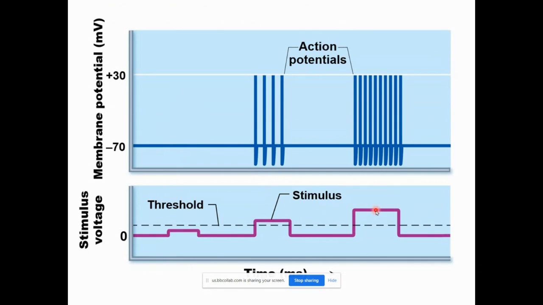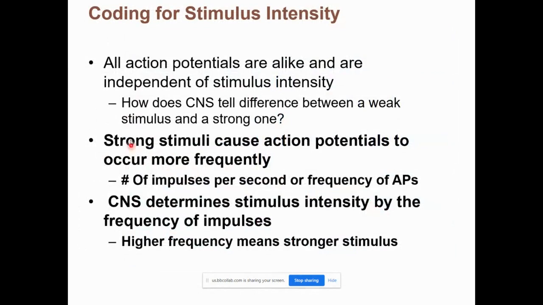How does your brain know that it's a more intense stimulus? It fires off more action potentials one after another. All the action potentials are the same, but more of them are occurring with a higher intensity of stimulus. So how does your brain know if the stimulus is stronger? There's a higher frequency of impulses, and that codes for a stronger stimulus.